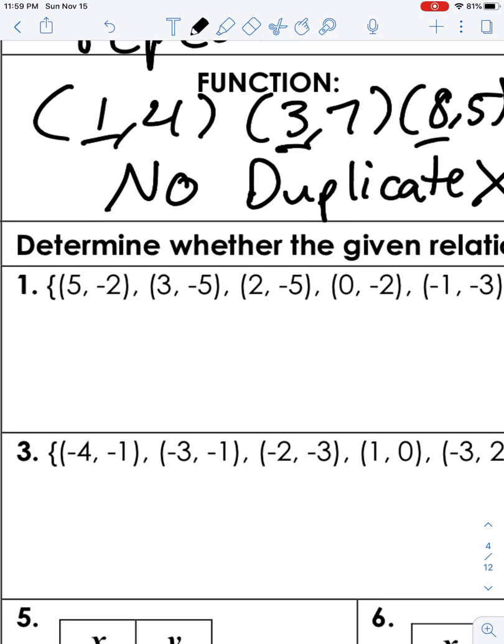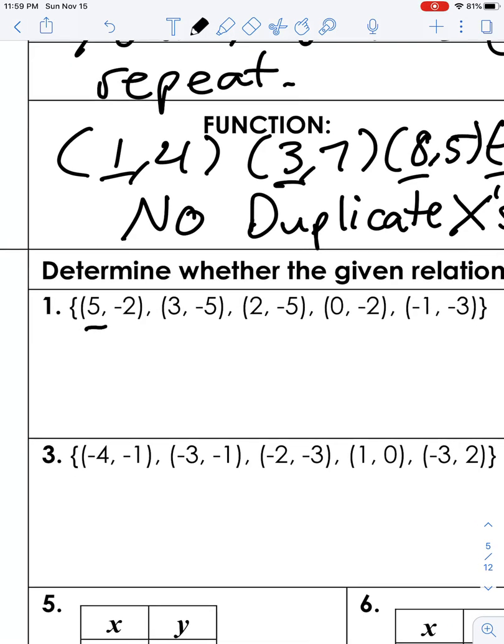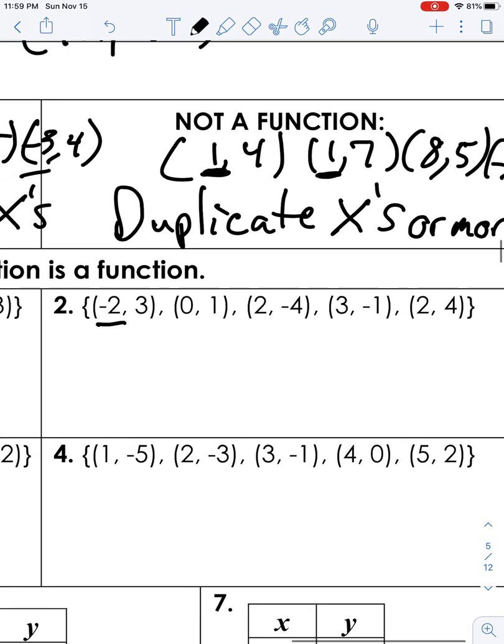All right, so let's look at these. All we got to do is look at the x's. Really simple. 5, 3, 2, 0, -1. All of them are different, so function. Look at the x's. -2, 0, 2, 3, 2.